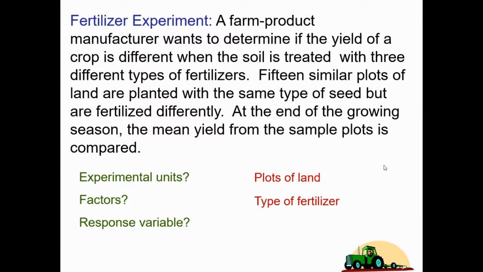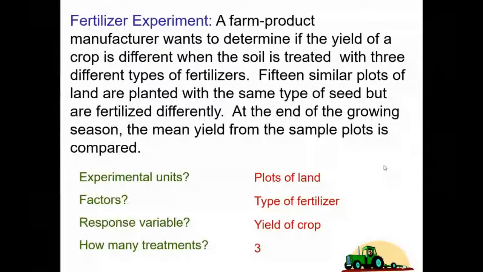Well, we're measuring the yield. Yep. The yield of the crop. At the end of the growing season, the mean yield is compared. And last but not least, how many different treatments do we have? 3. 3 types of fertilizer, 3 different treatments.